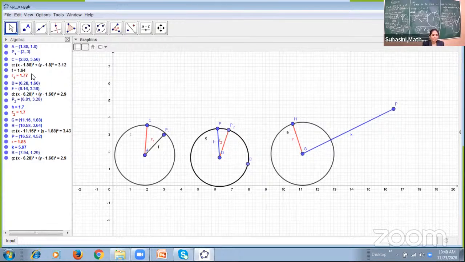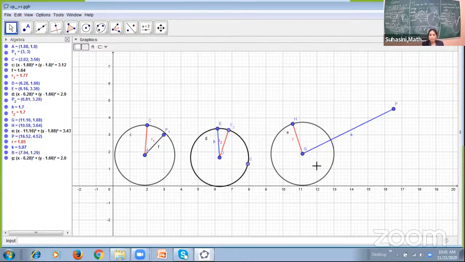See the blue dot? It is inside the circle, not on the circle. Which value is more? Radius is more. When P2 is on the circle, H and F2 are the same. See here, H is 1.7 and it is also 1.7. So CP is equal to R.